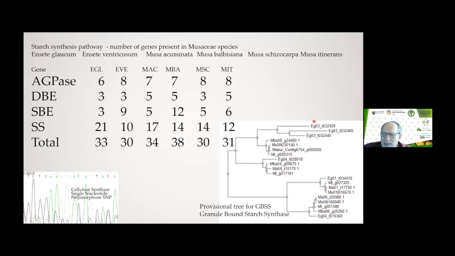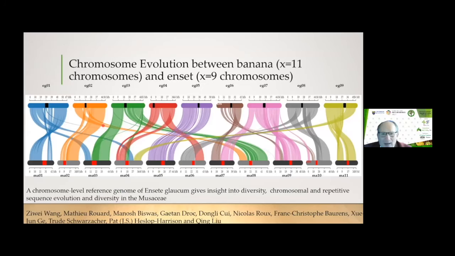But interestingly, the provisional analysis showed that there was a triplication of this particular branch in the Ensete glaucum, and that's giving rise to factors to the wider and more starch synthase genes here. So some of this indicates where gene expansion might relate to function. And that's different from the polymorphisms, which of course we're also very interested in looking at.